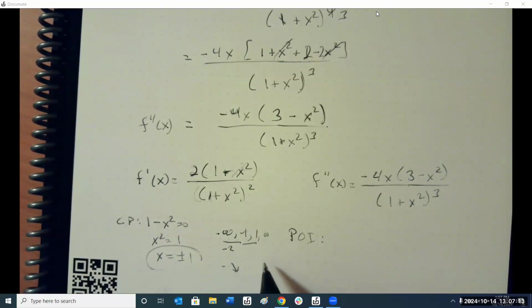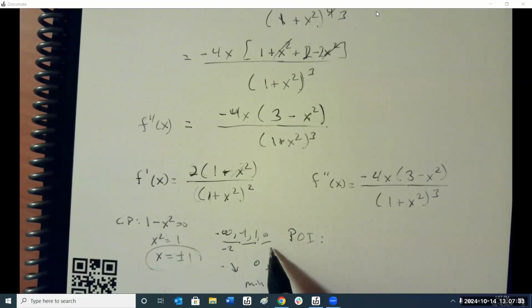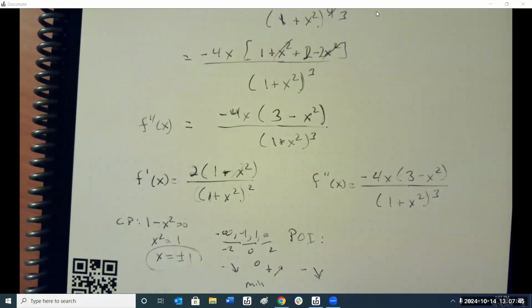At the next interval, from negative 1 to 1, I put 0. So it's positive, it's 2, so it's increasing, so it's a min. And then from 1 to positive infinity, I put 2. 1 minus 4 is the same thing as before, so it's negative, it's decreasing. So we have a min at negative 1 and a max at 1.